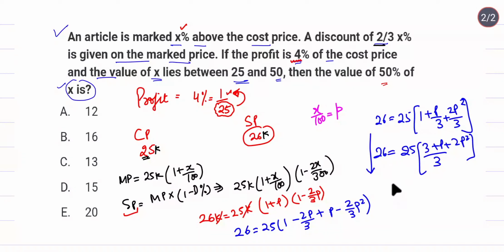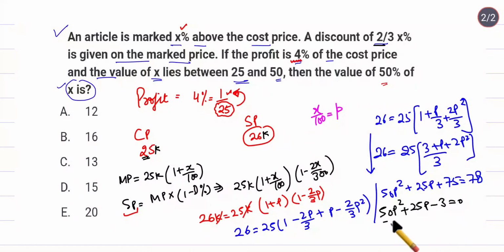So cross multiply. This is 25 into 2, 50p square, and plus 75 plus 25p plus 75 equals to 78. Taking all the terms to the same side, this is going to be 75 minus 78, that is minus 3.